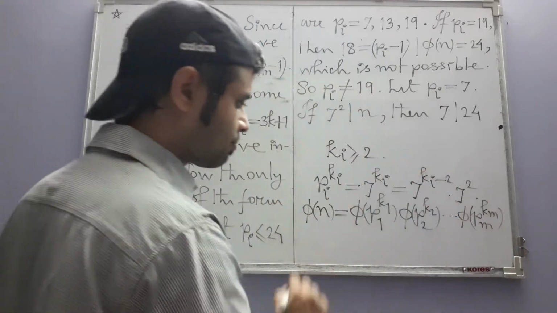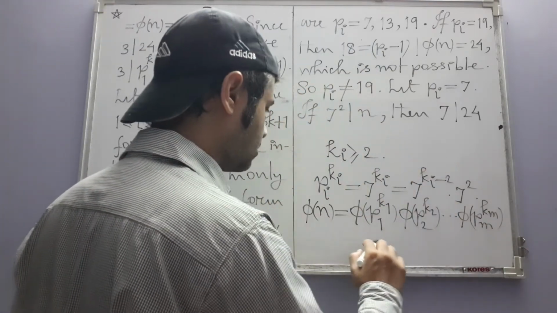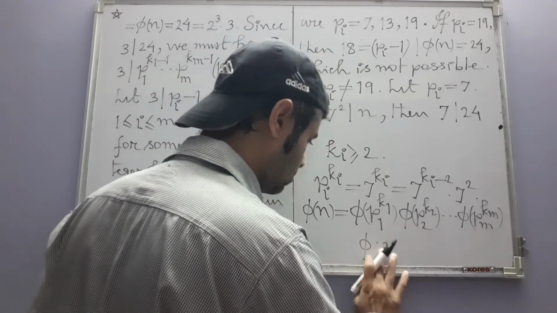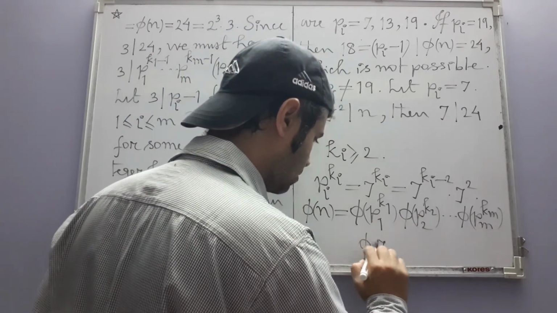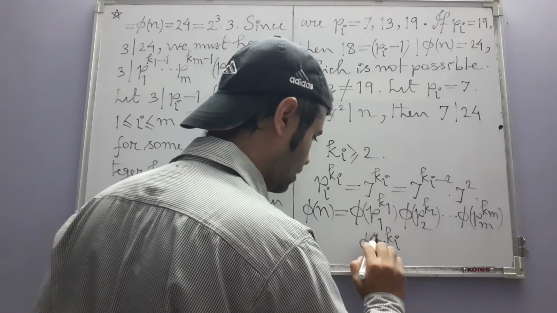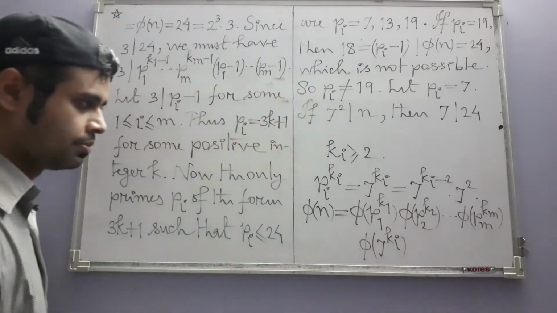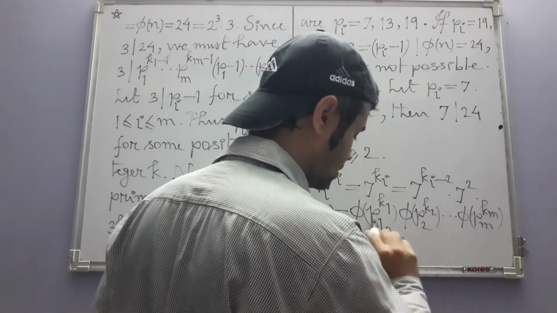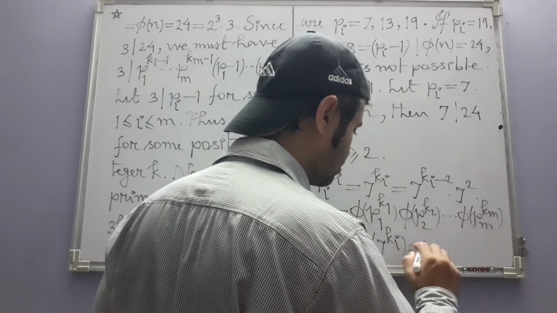Now among these factors there is one which is this 7 to the power ki. So we don't have to look at the entire thing, we just concentrate on this.